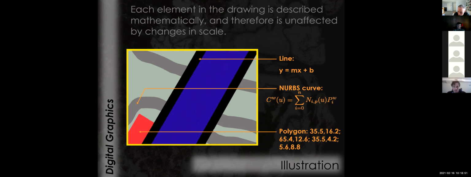There are corner coordinates for that polygon down the lower left. So you have all of these different mathematical ways of defining these objects in the drawing. What that means is that every time you zoom in or out on a vector graphic, the computer is using all these calculations to redraw that graphic entirely. Because of that, it's always redrawing it with nice sharp boundaries, and it doesn't get pixelated or distorted in the process.